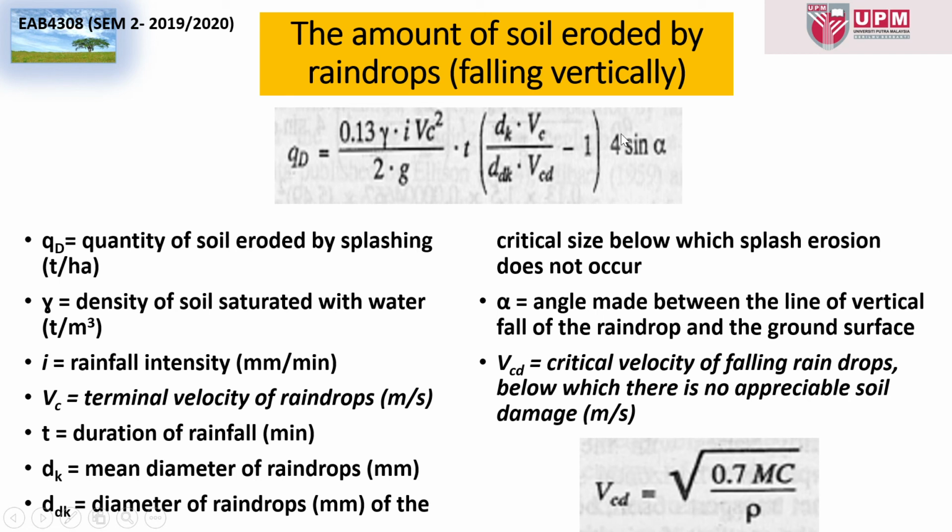All this part of the equation is multiplied by 4 sine alpha. Alpha is the angle made between the line of vertical fall of the raindrop and the ground surface. You have another parameter here, VCD. This is critical velocity of falling raindrops below which there is no appreciable soil damage. This is the formula to calculate it.